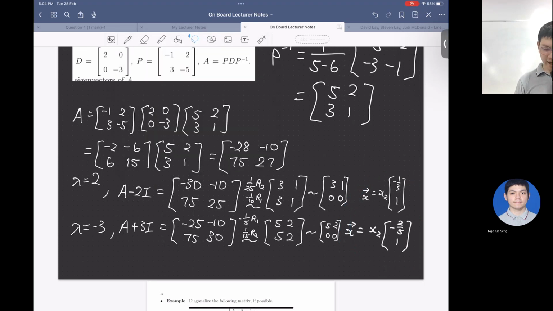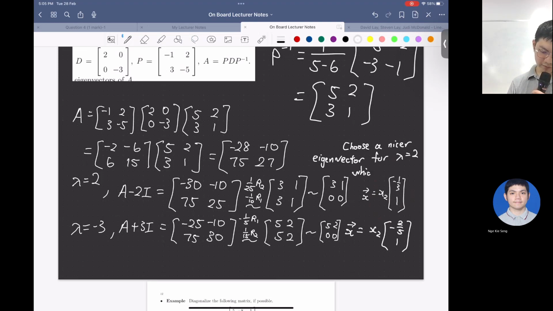I don't like vectors with fractions. So I can make this eigenvector, since anything times this will be my eigenvectors. Why not choose a better looking one? Okay, a nicer eigenvector for lambda equals 2.